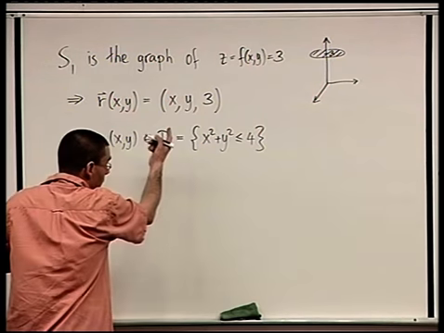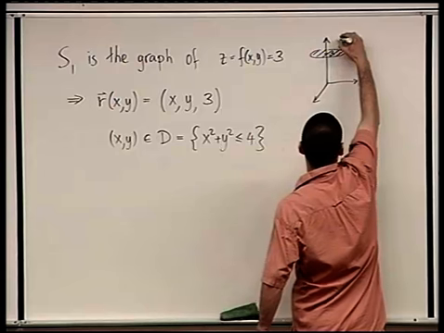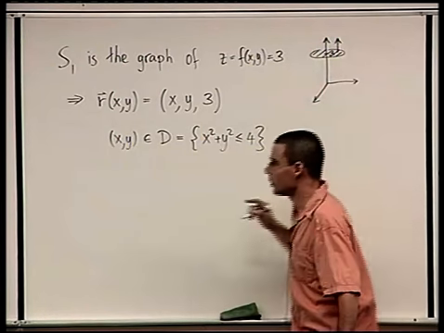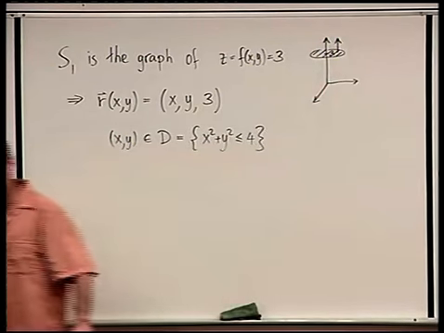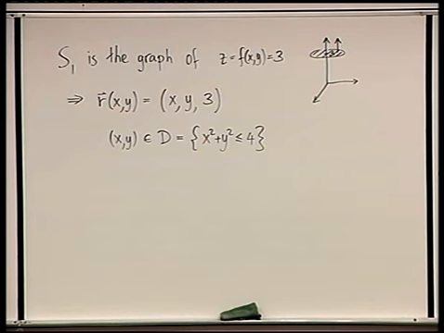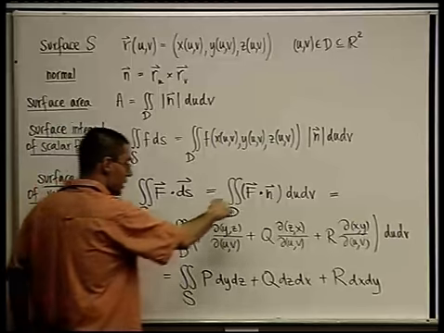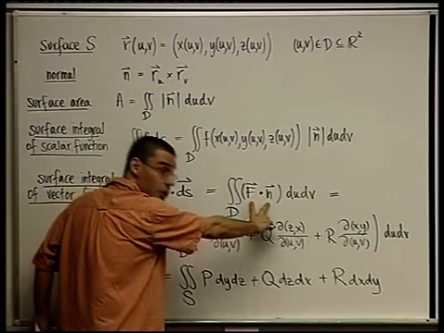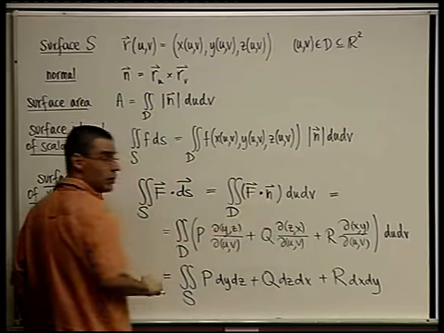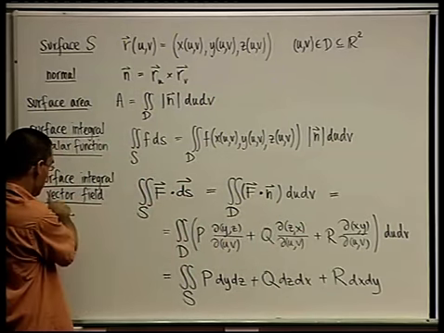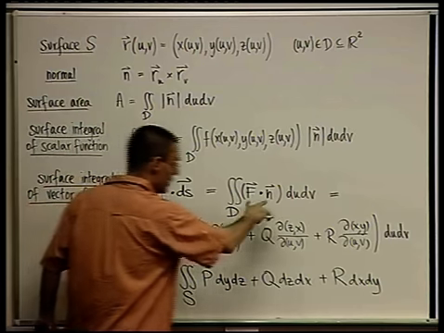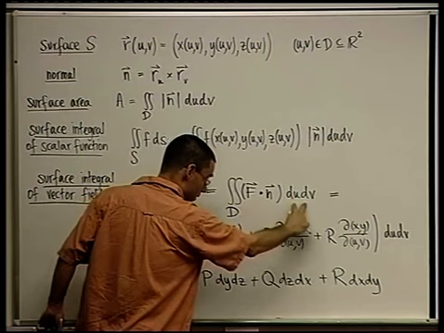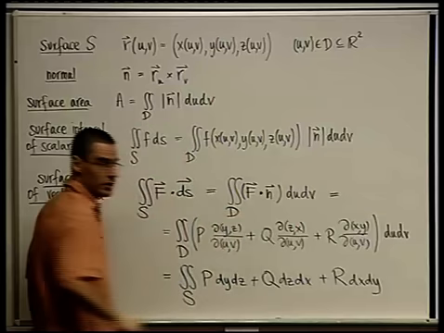Now what's the normal? Let's go back to the previous clip, where I left it on the board. What we want to calculate is the double integral over the domain of the parameters of the field dot the normal.